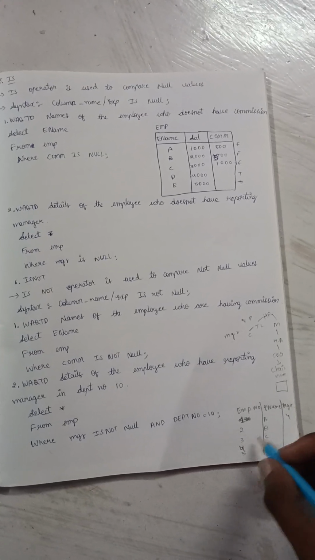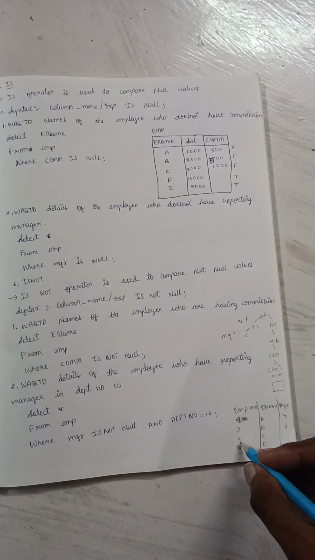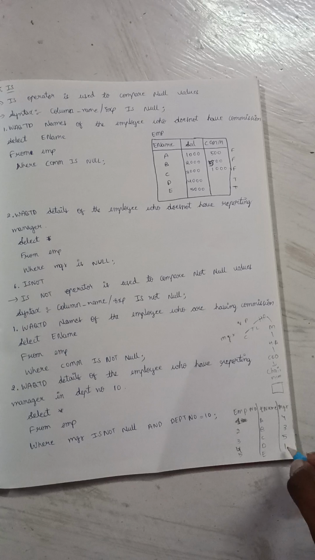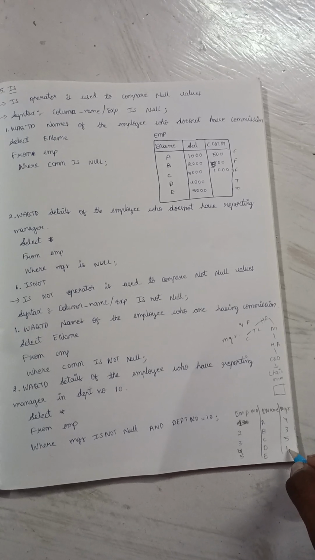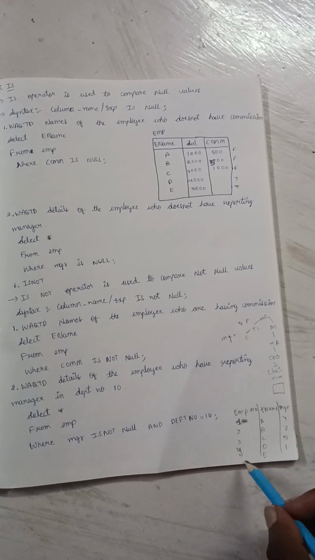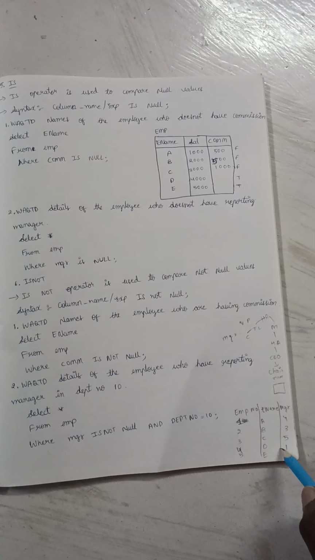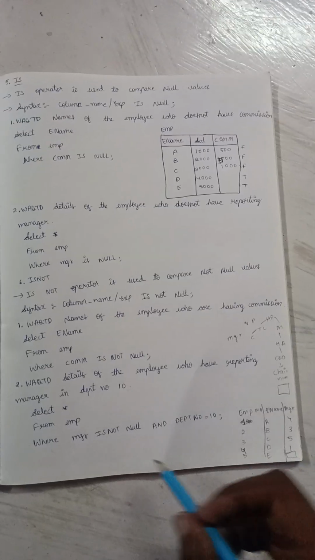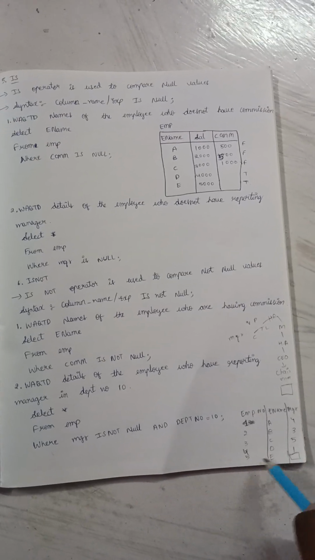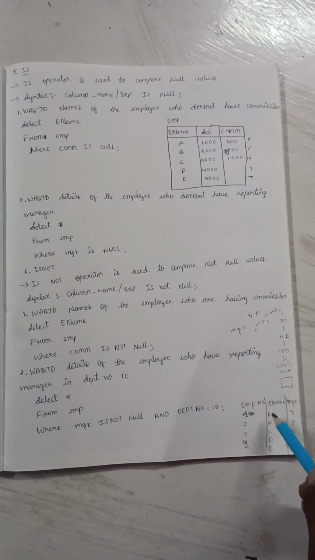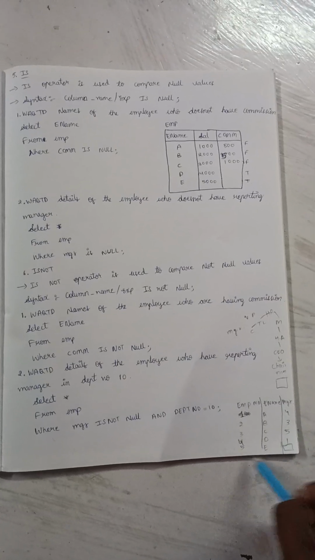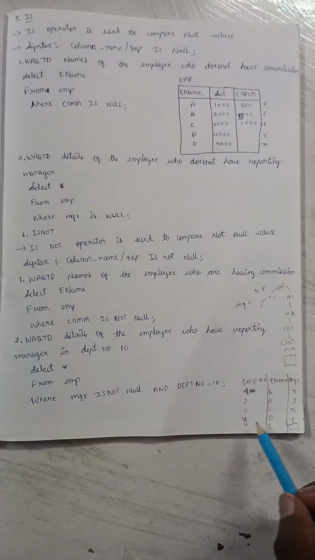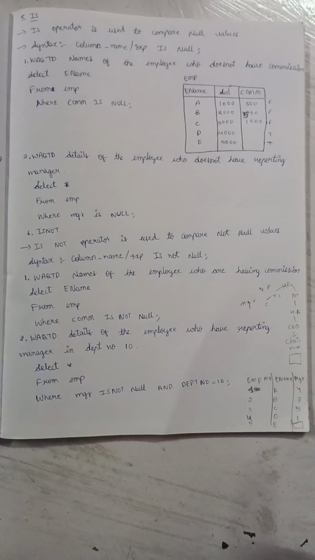For 2, 3 is the higher authority. For 3, 5 is the higher authority. For 4, 1 is the higher authority. For 5, no one is a higher authority. So the mgr value will be displayed only for those with an mgr value, and for 5 the details of E will be displayed. Thank you.